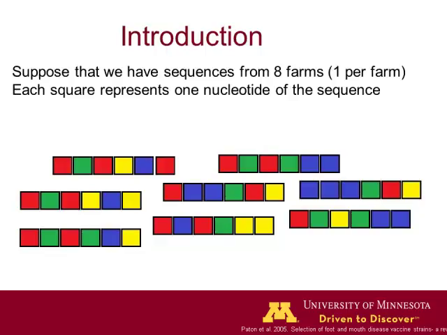If we can learn more about that information and its relation with the clinical presentation of the disease, we may be able to get a little better in our predictions. Suppose that we have sequences from 8 farms, 1 sequence per farm. Each of these blocks represents that, and each square represents 1 nucleotide of the sequence.